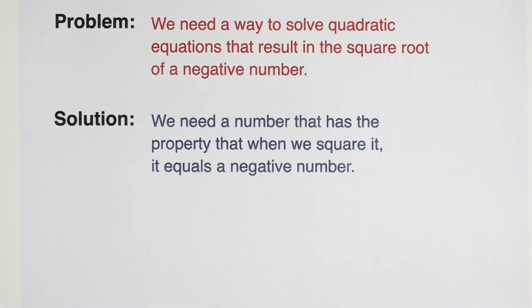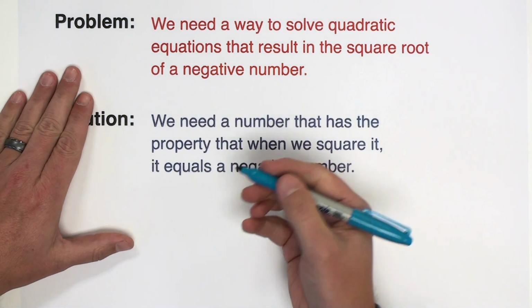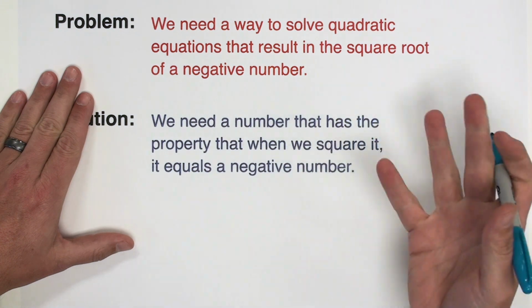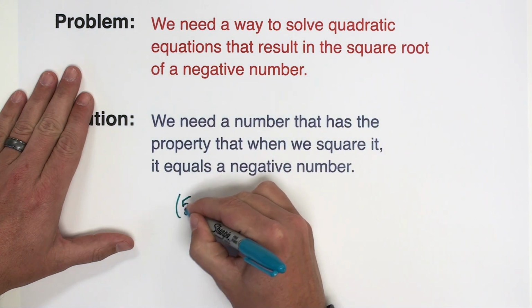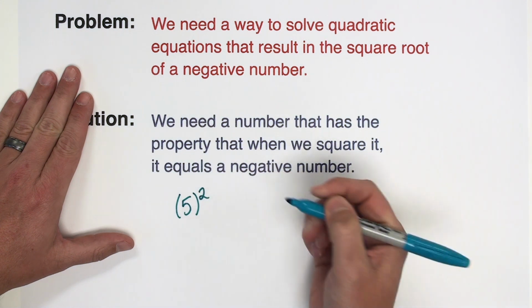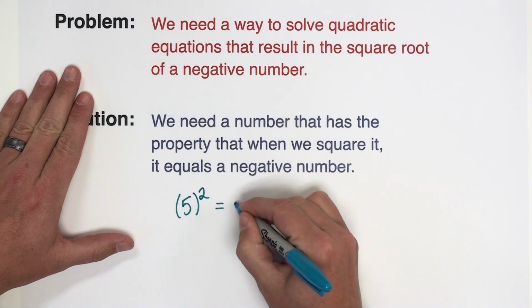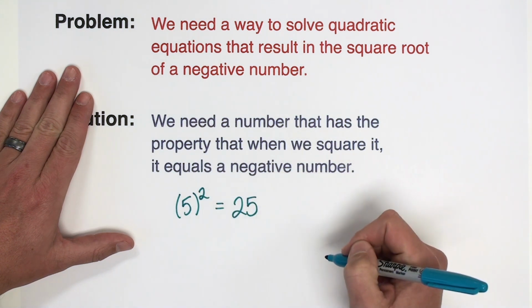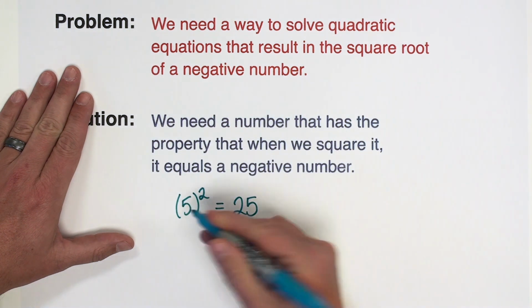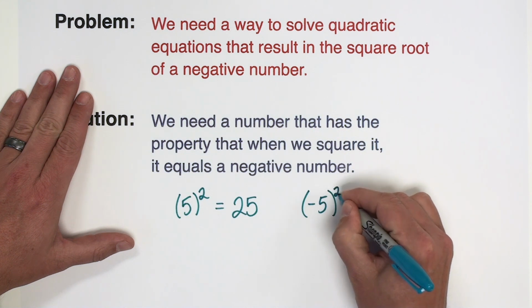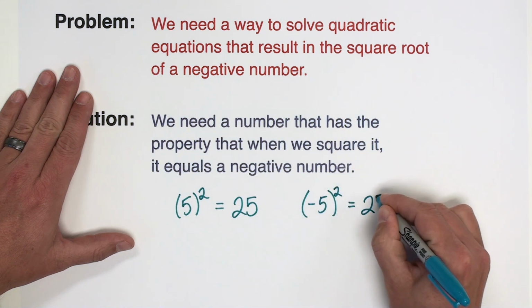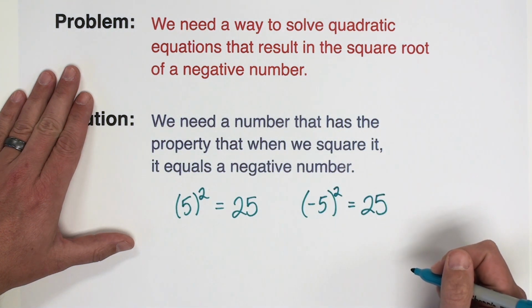For example, anytime we square a number, let's just pick a number at random here. Let's say that we pick 5. If I square 5, I get 25. If I pick the opposite of 5, if I pick negative 5 and I square it, I still get 25.